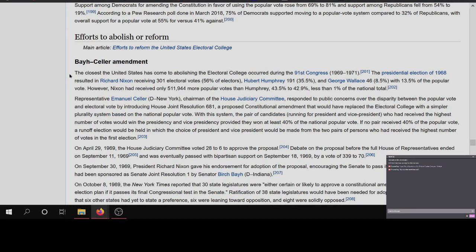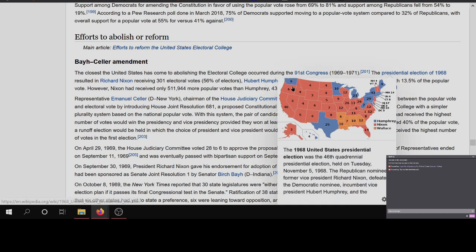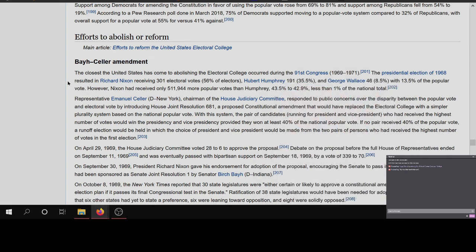See about ways. The closest the United States has come to abolishing the Electoral College occurred during the 91st, that's weird to say, Congress, 1969 to 1971. The presidential election of 1968 resulted in Richard Nixon receiving 301 electoral votes, compared to Hubert Humphrey, 191, and George Wallace, 46, and 13.5 percent of the popular vote.